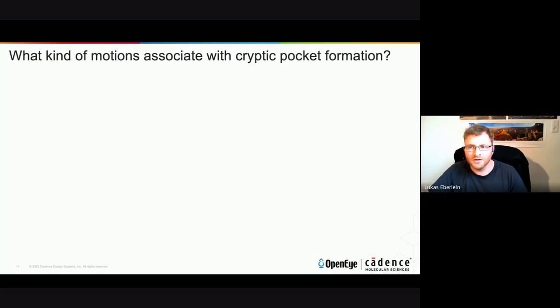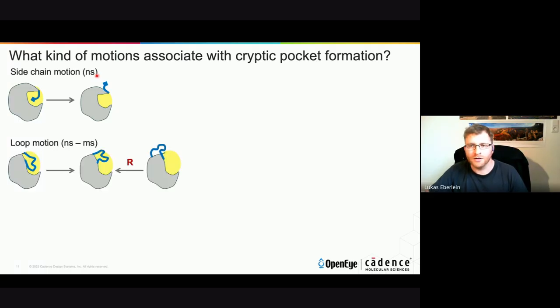Some of them are relatively simple, like sidechain motions, which happen on the order of nanoseconds, where a simple sidechain needs to move out in order for a pocket to open, or you have larger motions like loop motions, where an entire loop needs to move out of the way in order for a pocket to open, or perhaps even the reverse process where a loop has to come back on top of a pocket to form basically a lid.